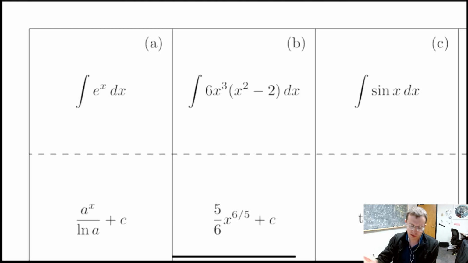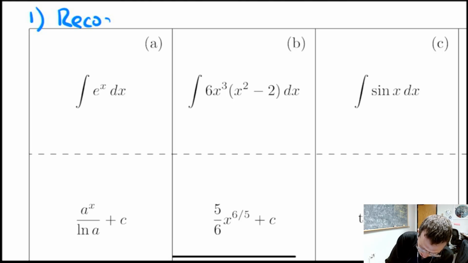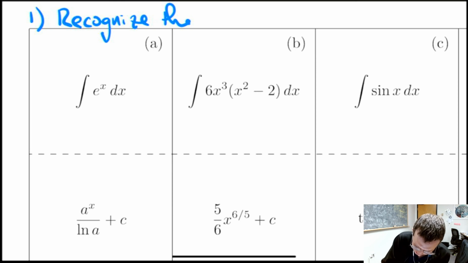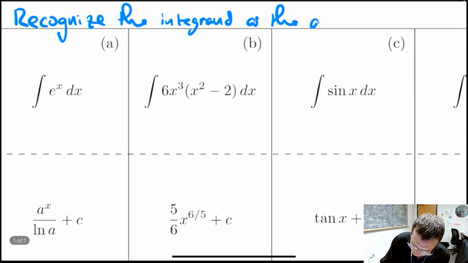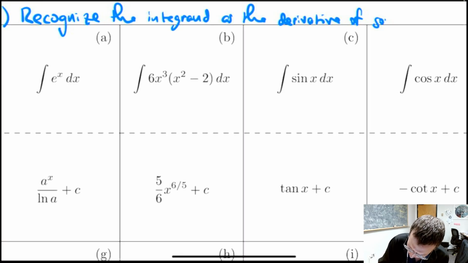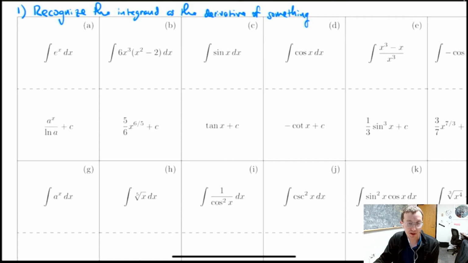In Calc 2, you'll learn some additional strategies, but the three that we have for now are, first, simply to recognize the integrand as the derivative of something, which is just a wordy way to say just know what the answer is.